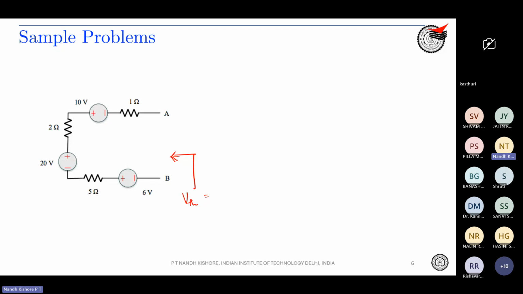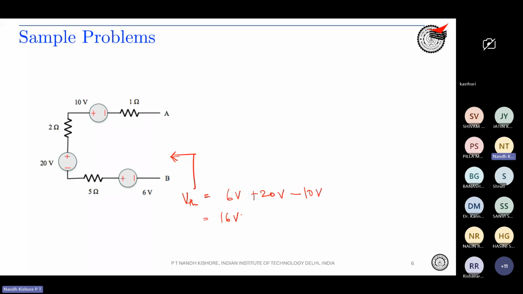If you apply a simple KVL, taking the independent sources over here, you get 6 volts plus 20 volts minus 10 volts, which gives you 16 volts.